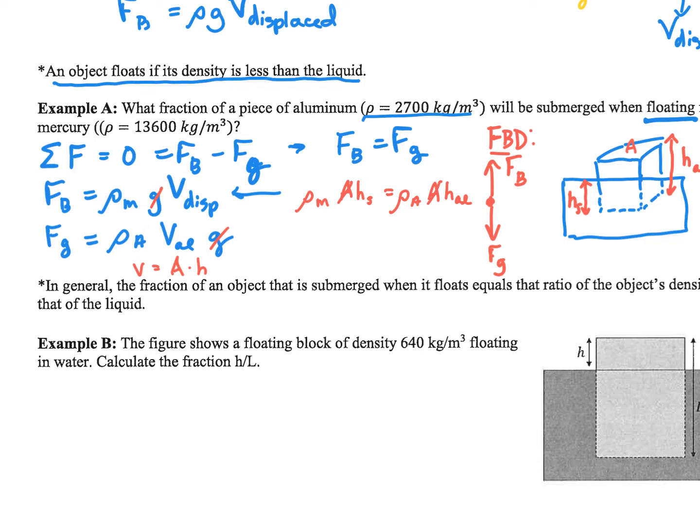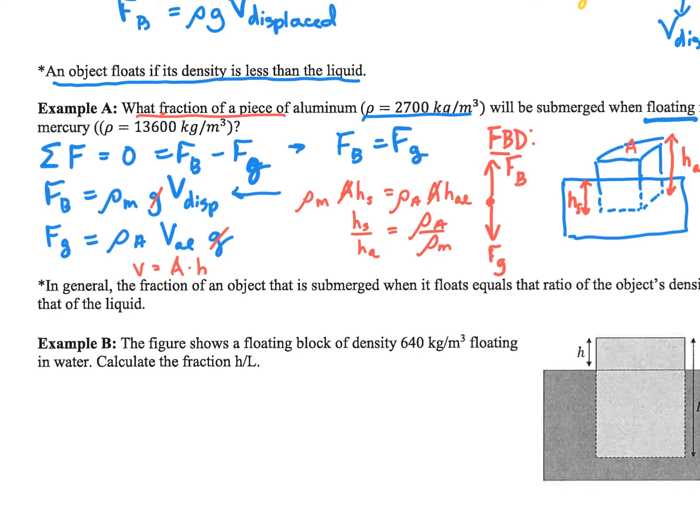Well, we don't have it given, but what we know is we want to find that ratio between what? Submerged and unsubmerged. How much of it is submerged versus the entire thing? So to answer this question, what fraction of a piece, we want the height submerged divided by the height of aluminum, which means we're going to do rho A divided by rho M, aren't we?